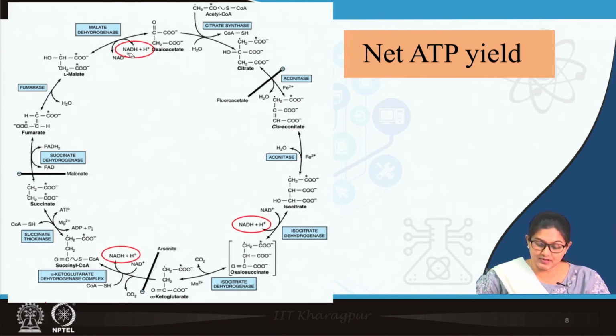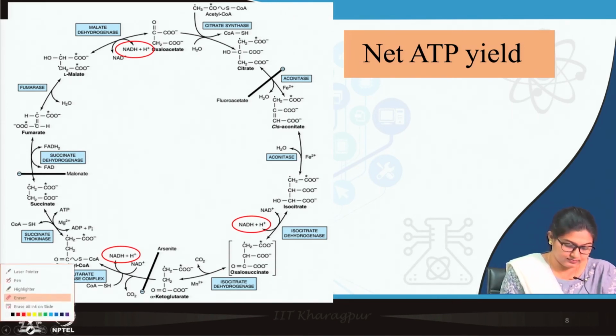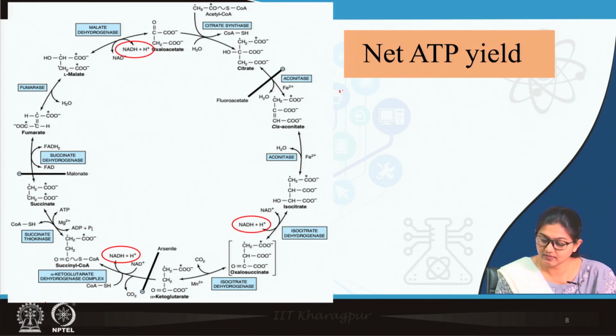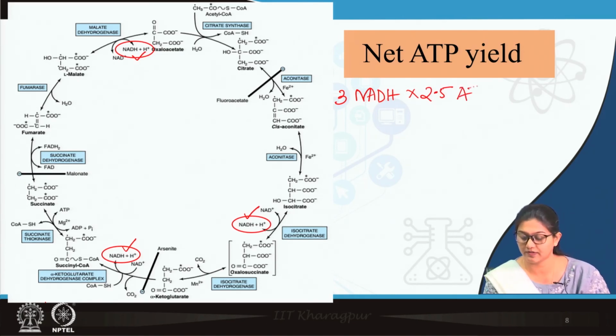In these steps we are getting 3 NADH molecules. So, from each NADH molecule we are getting energy equivalent to 2.5 molecules of ATP.